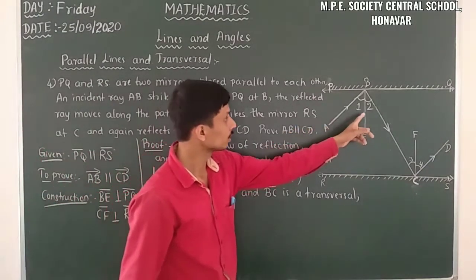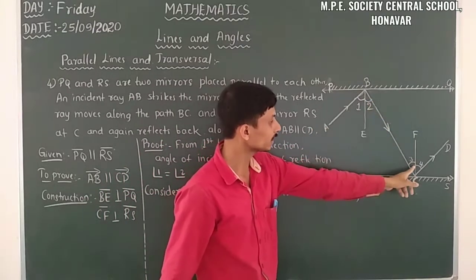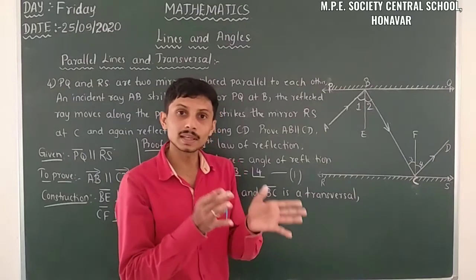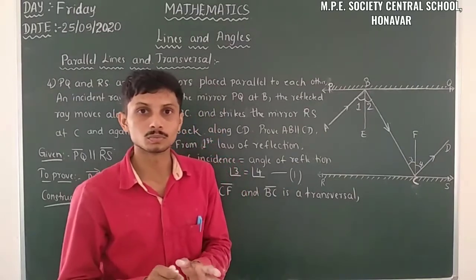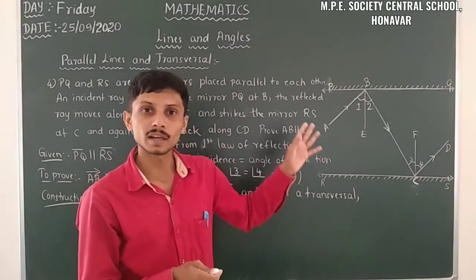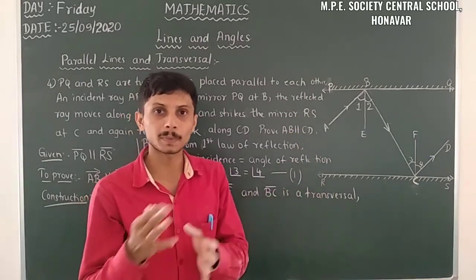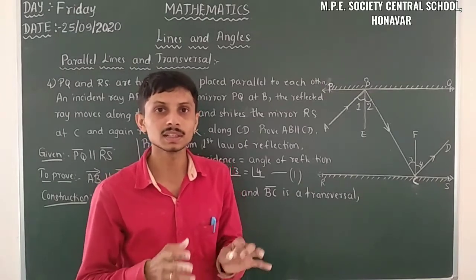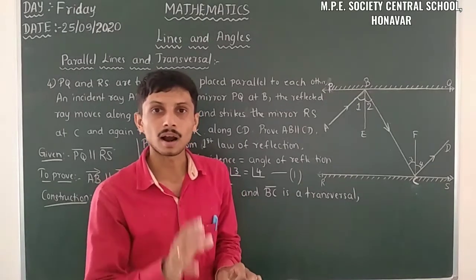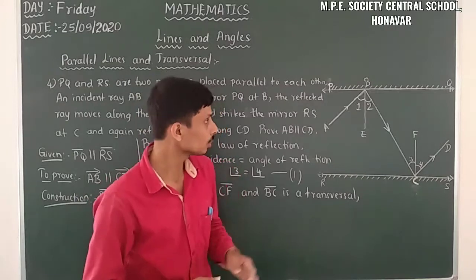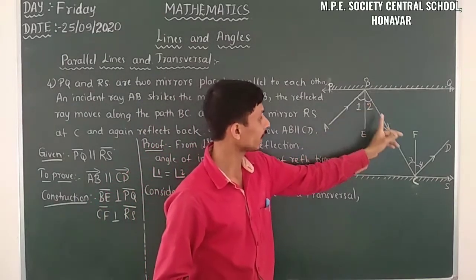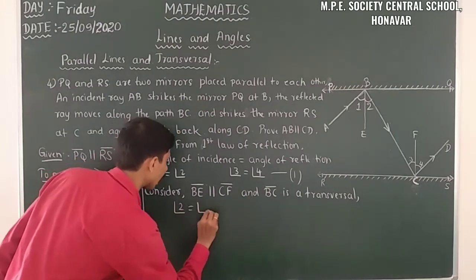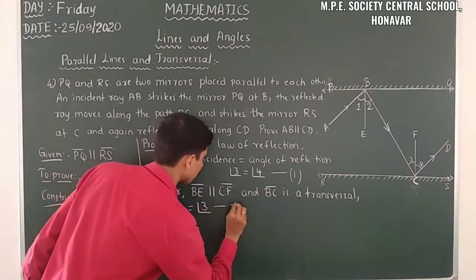Just observe, angles 2 and 3 are the alternate interior angles. From theorem 6.2, when two lines are parallel and a transversal intersects the two lines at different points, then the alternate interior angles are equal. So from that we can say angle 2 is equal to angle 3. This is equation number 2.